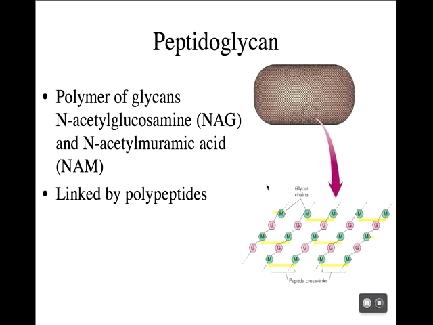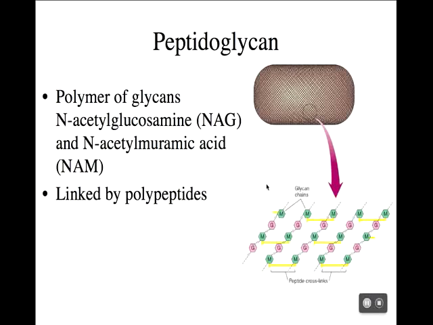Now, peptidoglycan, I can't stress this enough, peptidoglycan is only found in bacteria. Highlights, underline. Peptidoglycan is only found in bacteria. There is no peptidoglycan in any eukaryote. There is no peptidoglycan in archaea. There is only peptidoglycan in bacteria.